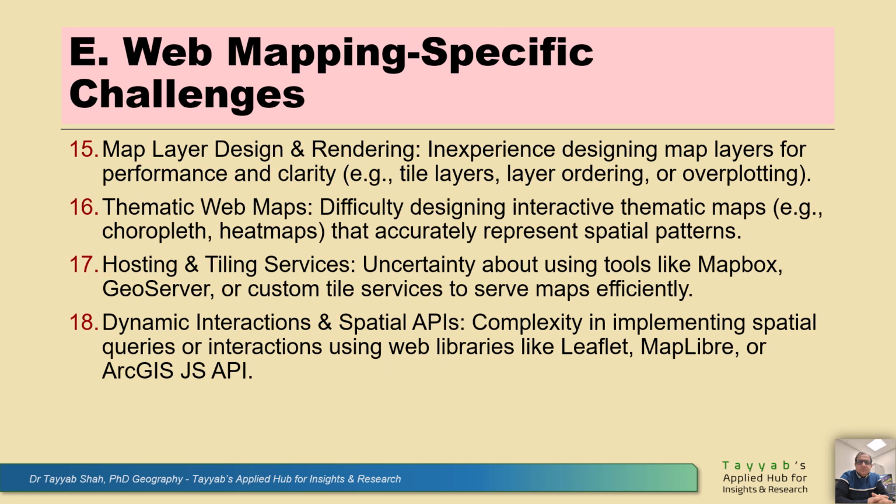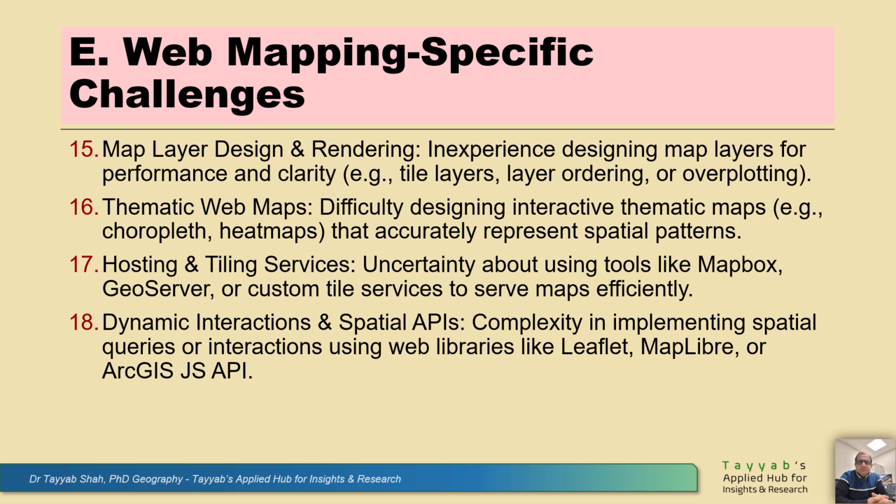Web mapping specific challenges, where we need to learn map layer design and rendering. Inexperience in designing map layers for performance and clarity, tile layers, layer ordering, or overlapping or overplotting. You need to understand how different layers can work together.